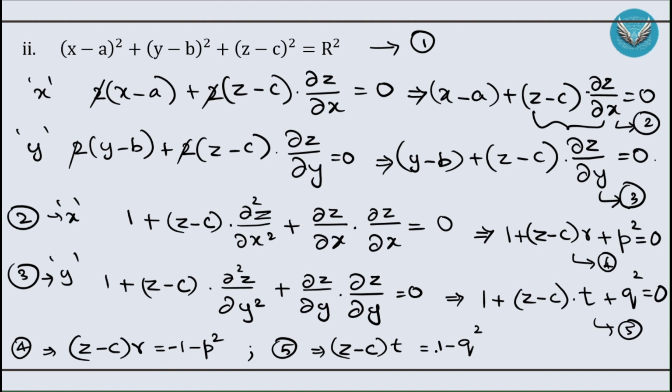From these two equations, z minus c is a common term. So we can take z minus c from these two equations and equate them, so that we can easily eliminate the constant c.